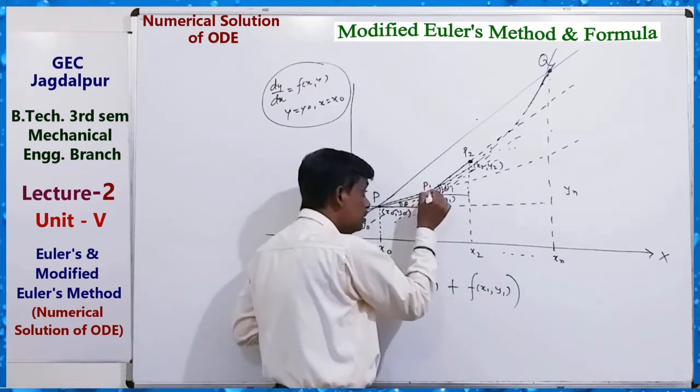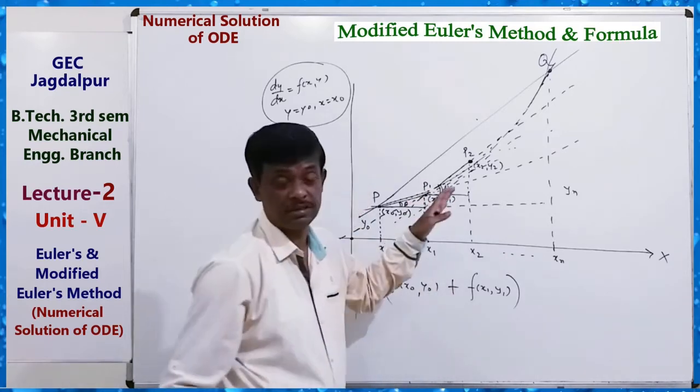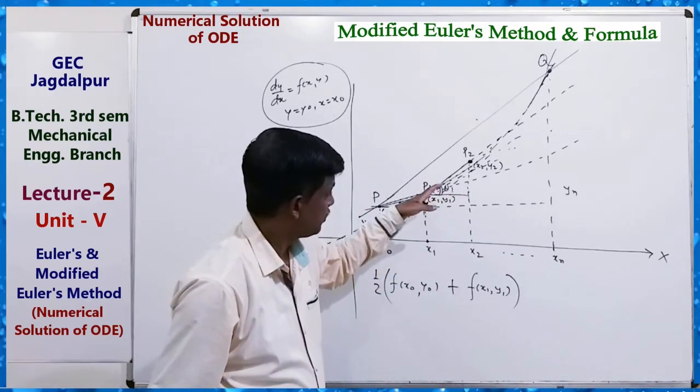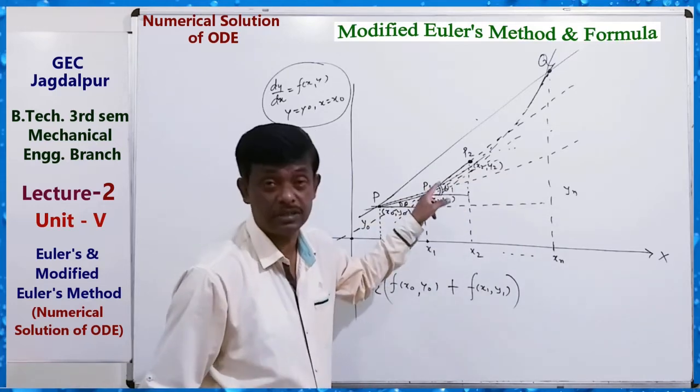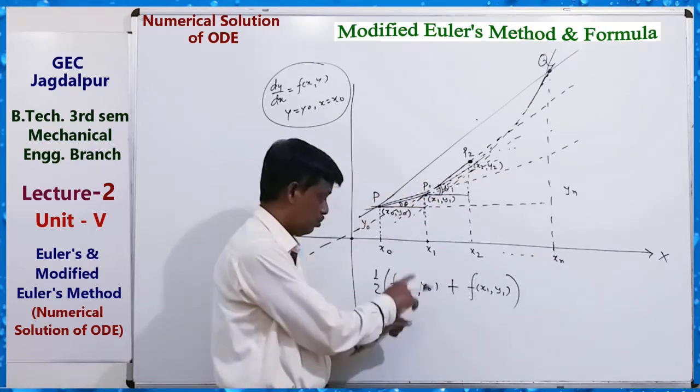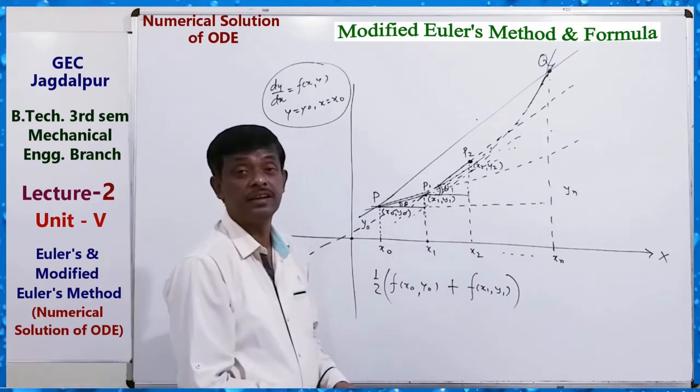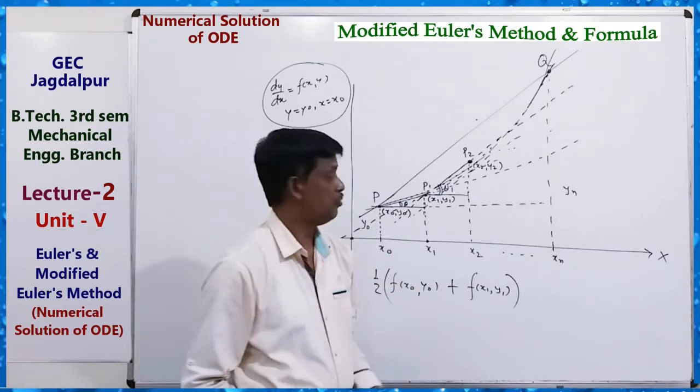By drawing these tangents, by getting the equation of the tangent with the new slope, we can get the new value of y.